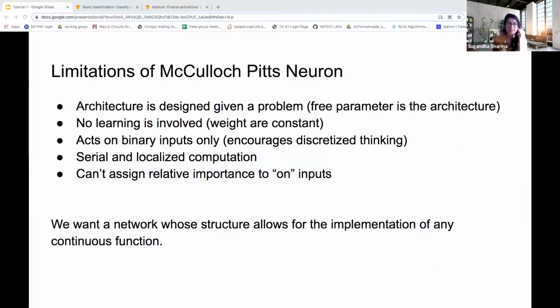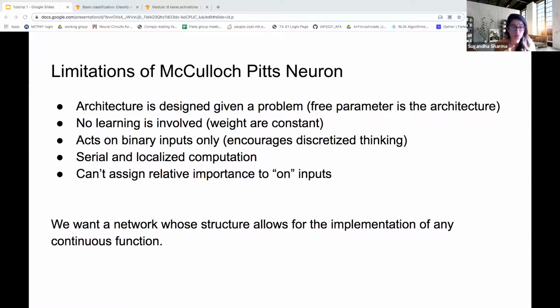So this is basically a list of limitations. In this model, we are actually designing the architecture for a given problem. If we wanted to implement an AND function, we designed the architecture, we picked the weights and we picked the thresholds in order to implement this particular function. There was no learning involved. All the weights in the model are picked beforehand and are constant.